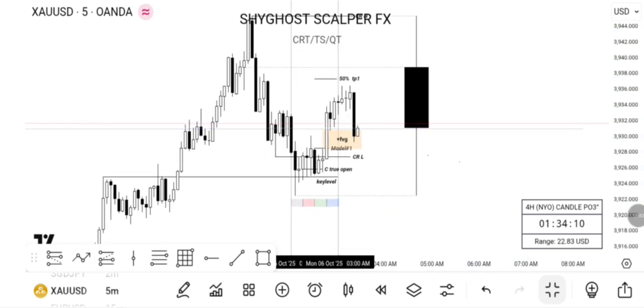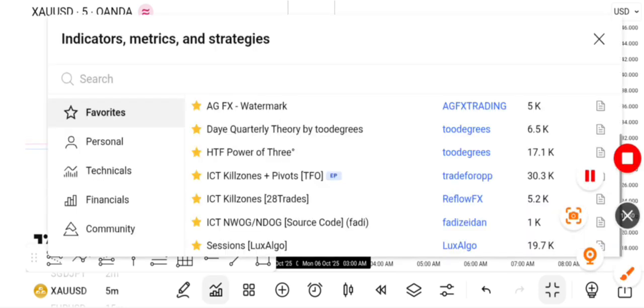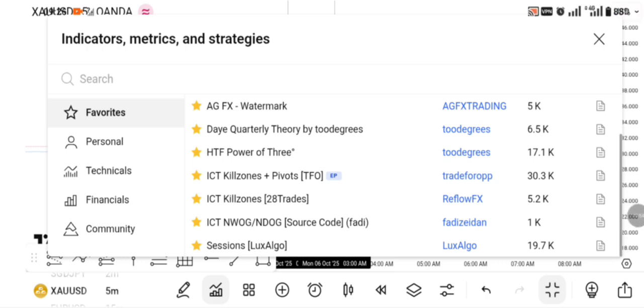Then now, after this, what do we do next, right? After we've confirmed that, we put in the new week opening gap indicator, which is this one.